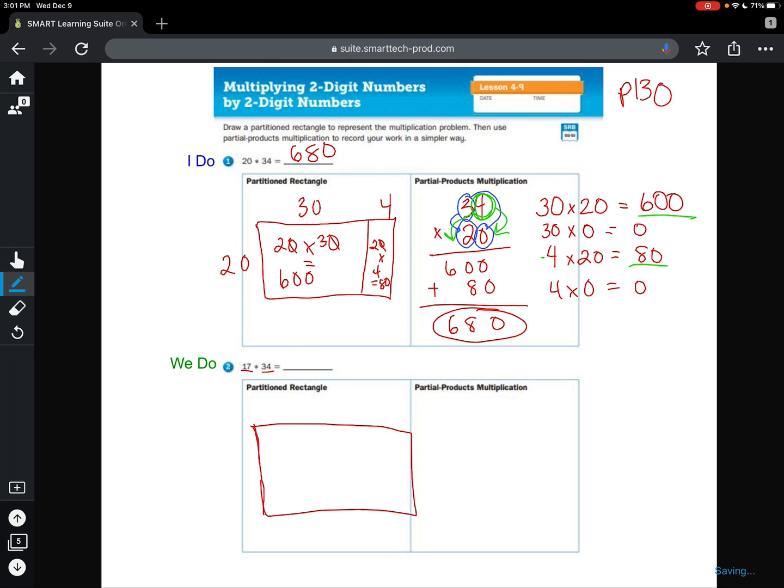I'm splitting it up because I can't really do any mental math finding a basic fact using 17. So I'm going to split it into 10 and 7. Then up here I'm going to split it up into 30 and 4.